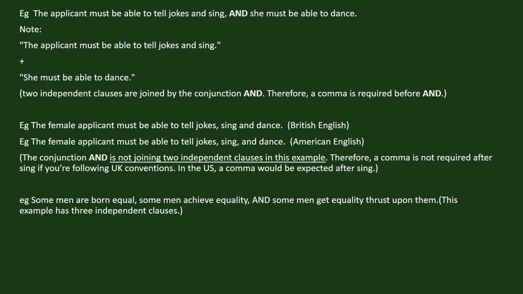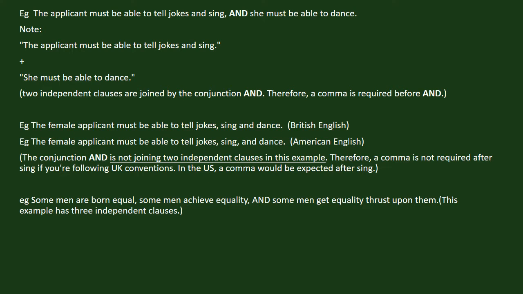In our next example, I'm going to show you the difference between British and American English. So the first example is, the female applicant must be able to tell jokes, sing, and dance. And you'll notice here that after the word sing, there is no comma.